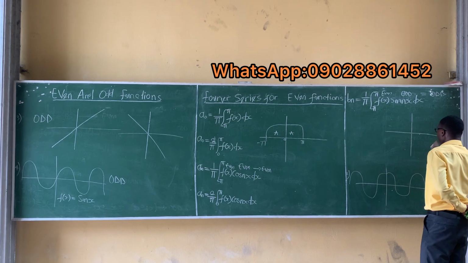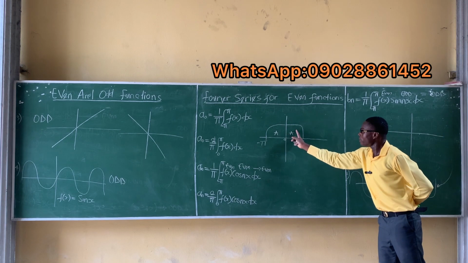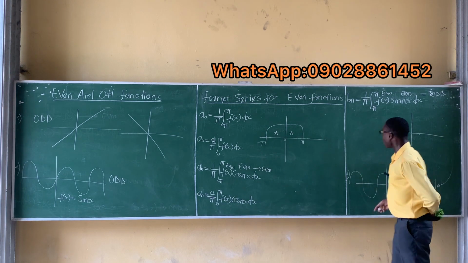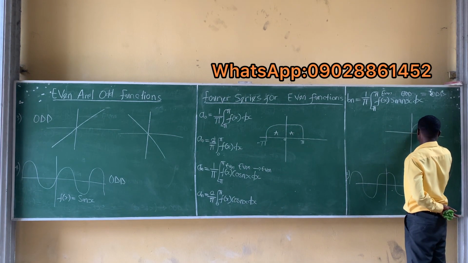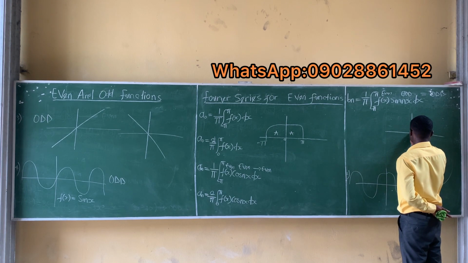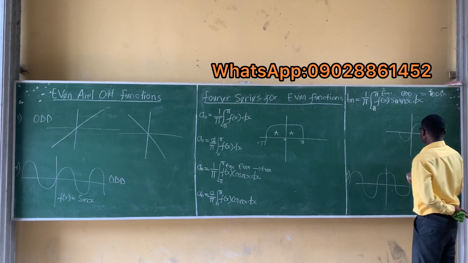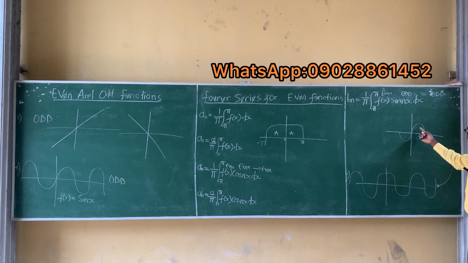Don't forget, for an odd function, instead of having this shape here and here, I'm going to have one here and one here. So it means I have this, and I also have this. If you observe carefully, the area under this curve is equal to the area here, but they are opposite.